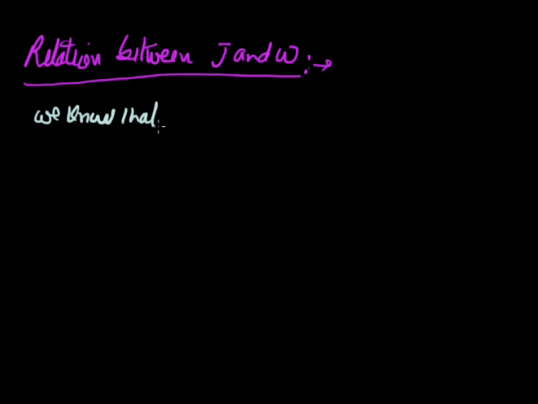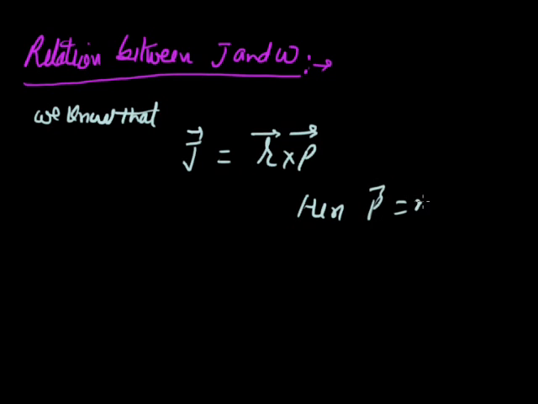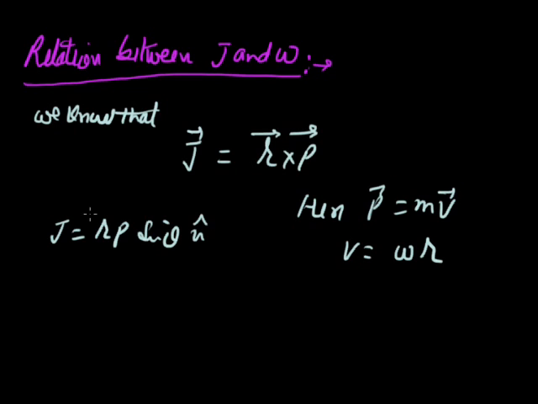We know that J is equal to r cross p. Here p is mv, but v is omega r. Here omega is angular velocity and r is the radius of the path on which the object is rotating. So we can also write J is equal to r p sine theta n cap.